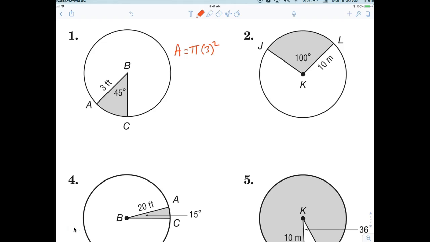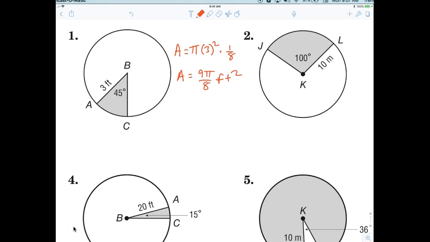That's exactly how you should be thinking of it. 90 degrees is 1/4, right? So 45 is half of 90, so half of a fourth is an eighth. So it's simply times 1/8. That's how I wish you would think about it. So now our answer is simply 9 pi over 8 square feet.